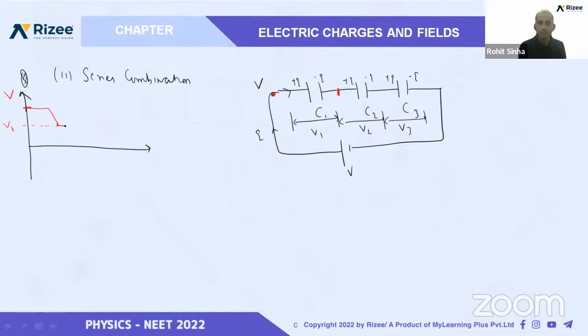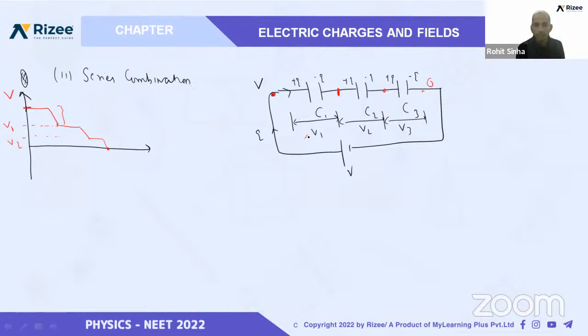After that, it will move further and drop to V2. Further, V2 will drop to zero potential. What is the drop here?